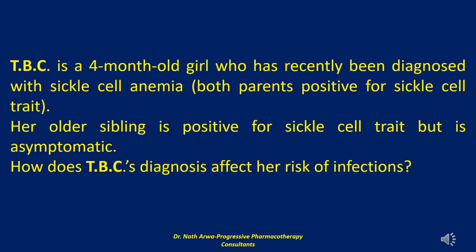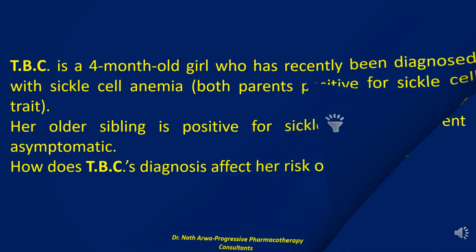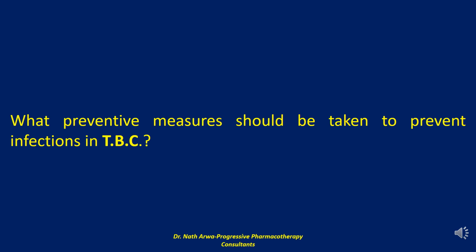Other infectious conditions such as osteomyelitis from Staphylococcus aureus or Salmonella typhimurium, or urinary tract infections caused by Escherichia coli, are common complications in patients with sickle cell anemia. My next question to you reads, what preventive measures should be taken to prevent infections in TBC?